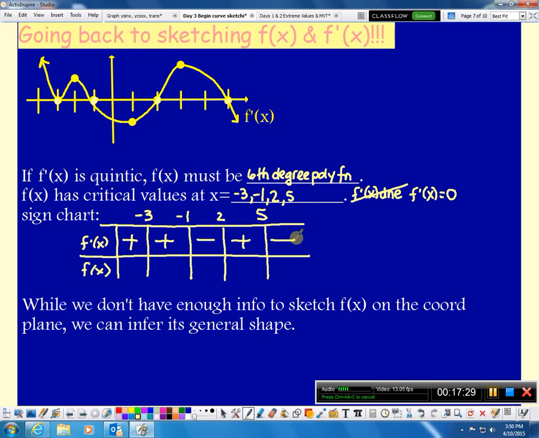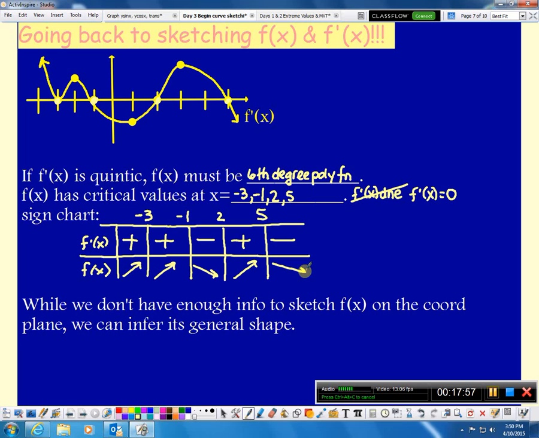We may not know where to place the graph of f(x) because I would need at least one point on the graph to know generally where to place it, but I can tell its shape. Let me remind you that I know at -3 the slope is 0.